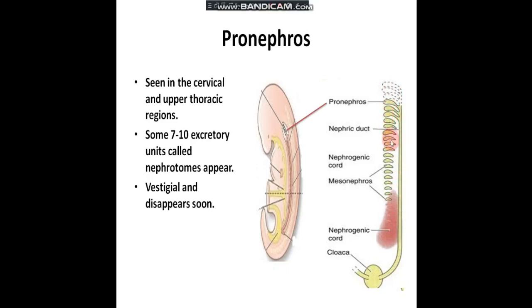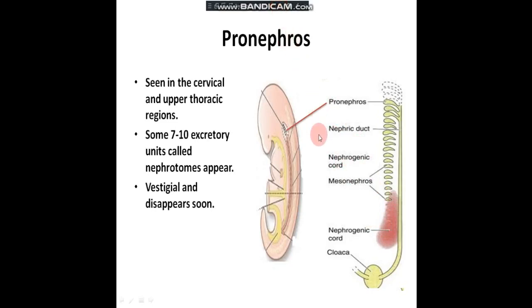The mesonephros then becomes functional. It only removes the waste products, but it does not do selective reabsorption. Then later the definitive kidney develops, which does both the excretory function as well as selective reabsorption because of the presence of developing tubules and the peritubular capillary network, the peritubular plexus.